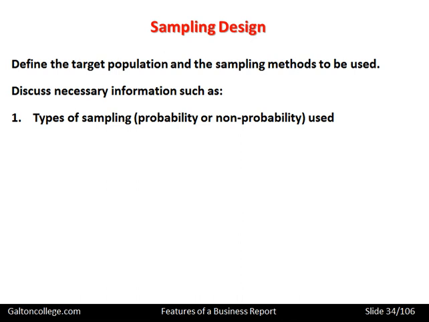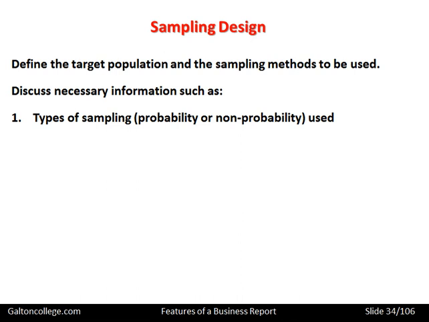Probability sampling is seen as somewhat more scientific, more mathematical. Non-probability could be snowball sampling, asking friends to recommend their friends. Or it could be just simply someone standing on the street with a clipboard trying to pick up information. Non-probability sampling is biased, and that's the problem with it.